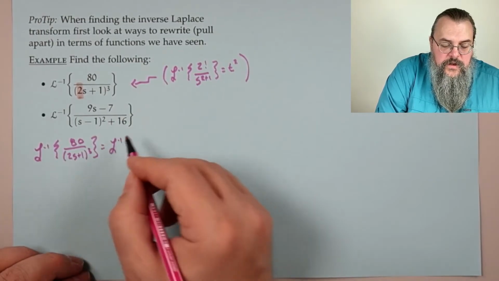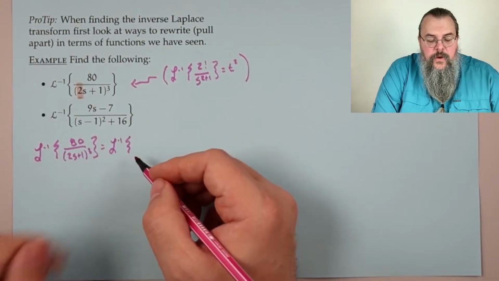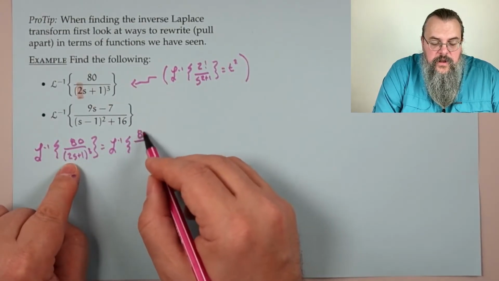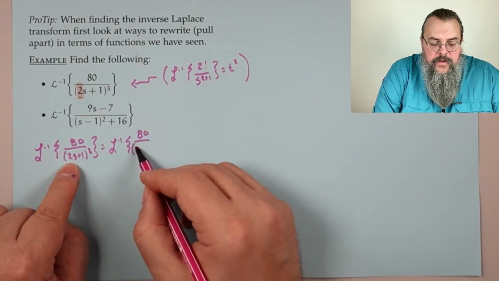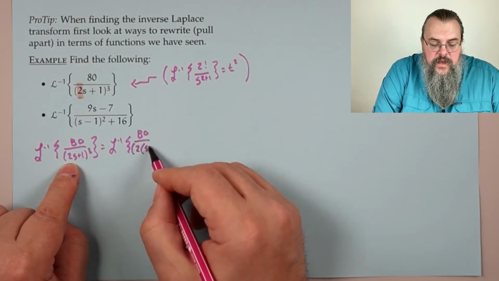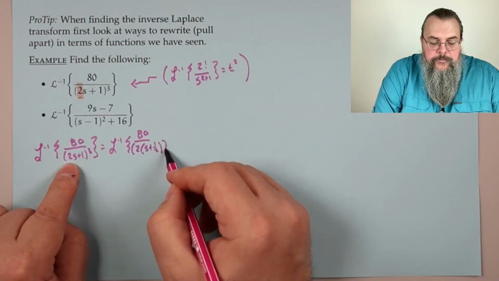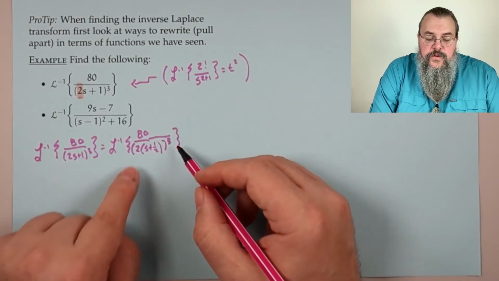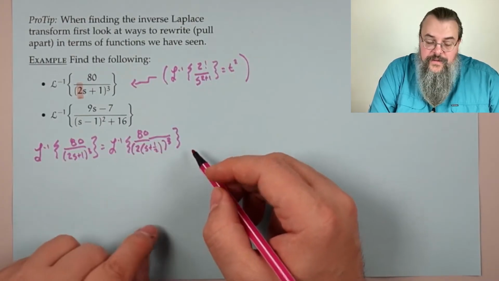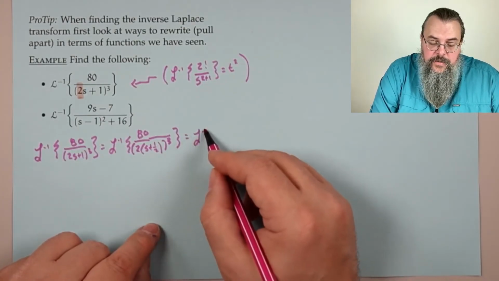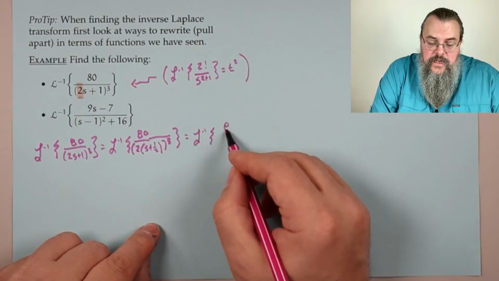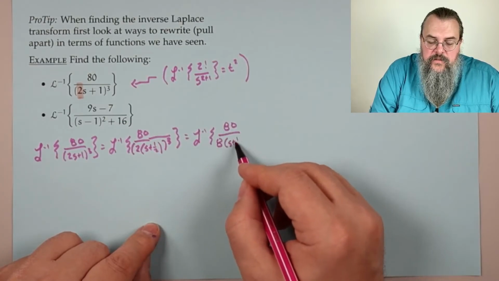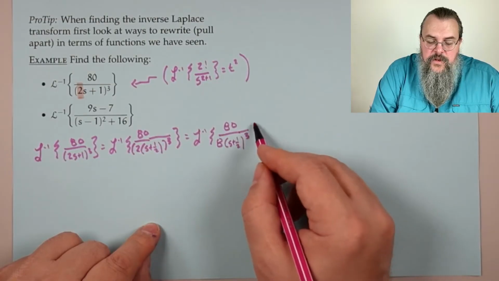What we can do here is pull this 2 out, and we'll do it slowly so that we can see what's happening. So think of it as 2 times s plus a half, cubed. Okay, so 2 cubed is 8. So inverse Laplace of 80 upstairs over 8 times s plus a half cubed.